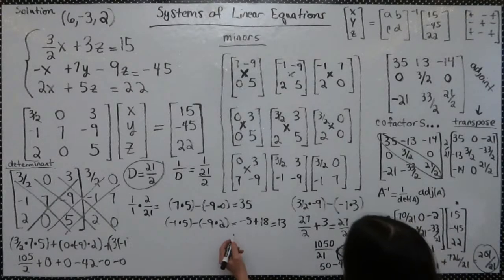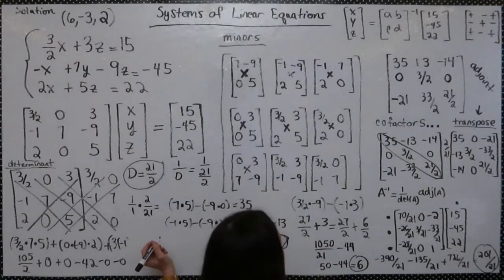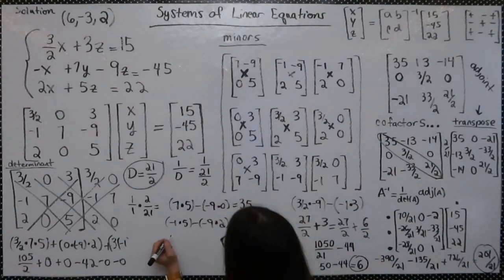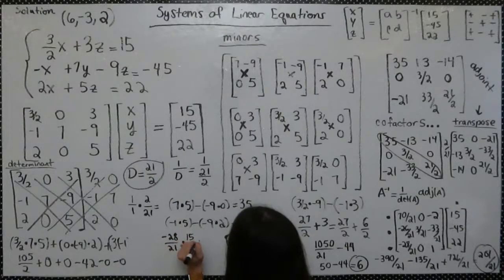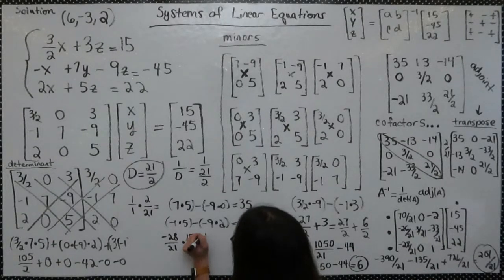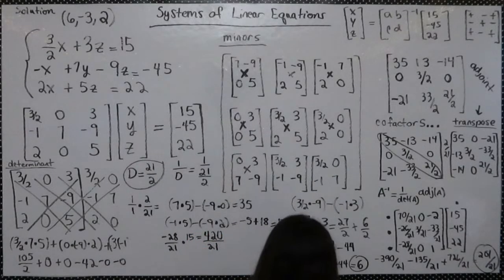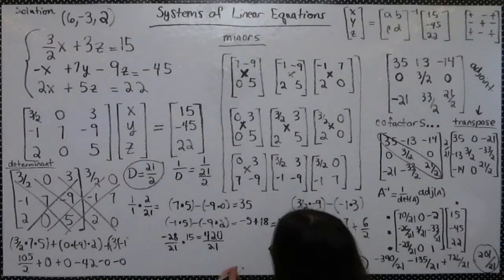So we've got negative 28 over 21 times 15, which is 420. So we have 420 divided by 21. And that does go in evenly. That equals 20.